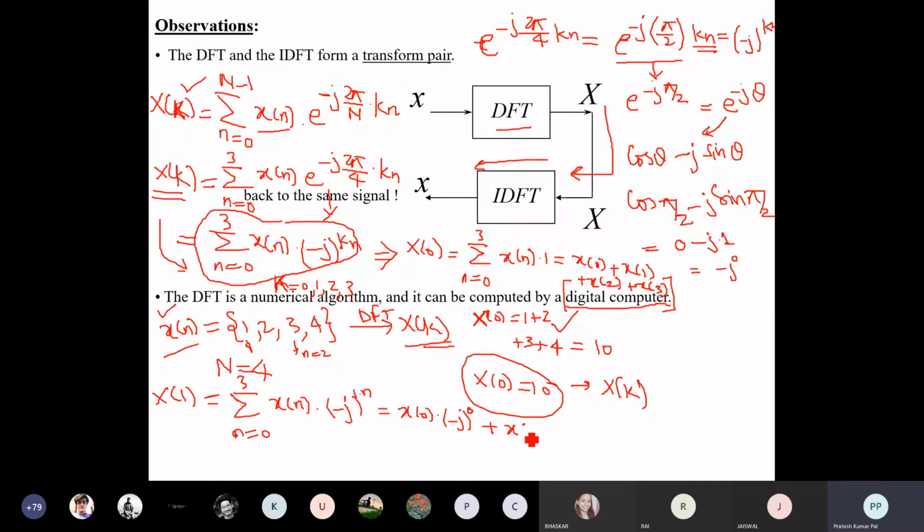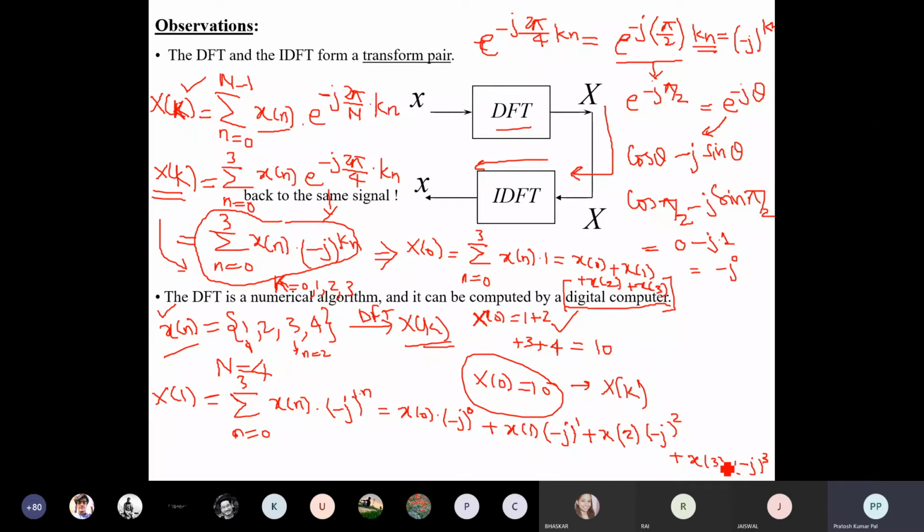Plus again it will be x of 1 into minus j to the power 1, because next n equals 1. Once again we will put n equals 2, minus j to the power 2, plus x of 3 and minus j to the power 3.